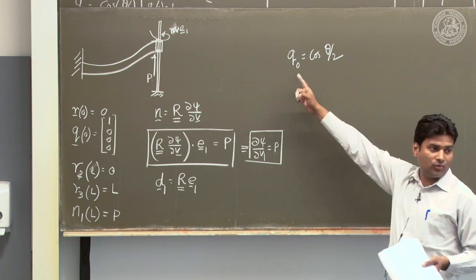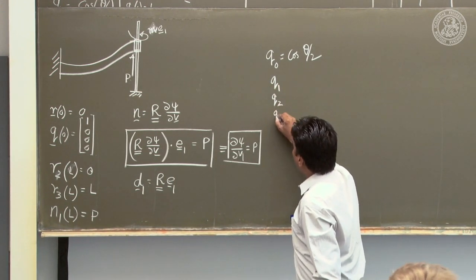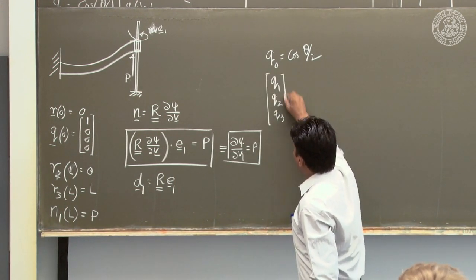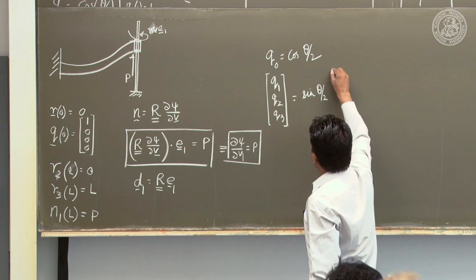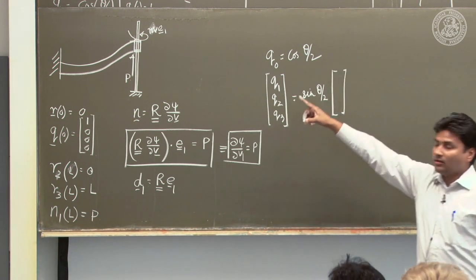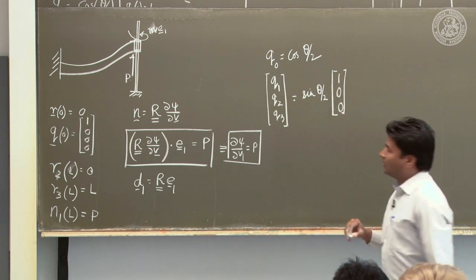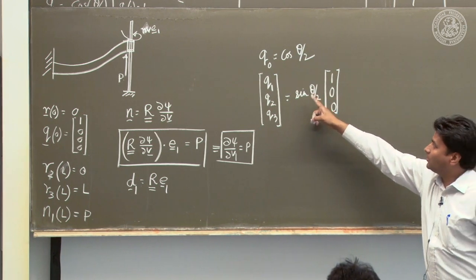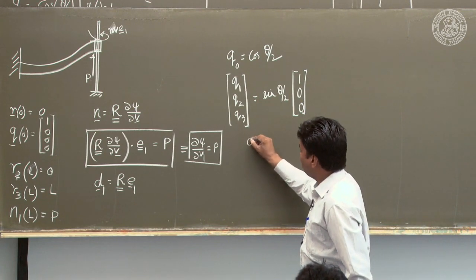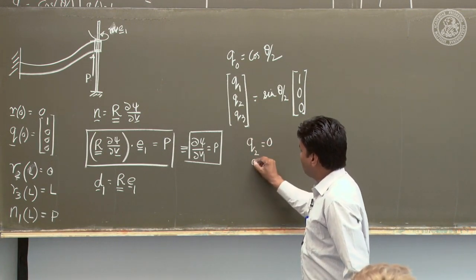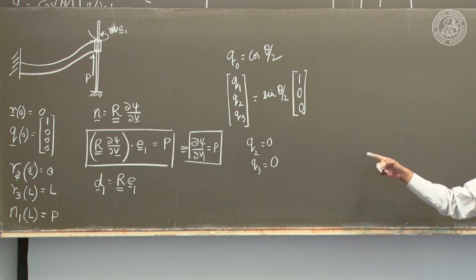So, we can't say anything about Q naught, but Q1, Q2, Q3 is equal to sine of theta by 2 into the axis of rotation, and the axis of rotation is 1 0 0. So, although theta is not known, this times 0 is always 0. So, what you can prescribe here is Q2 equal to 0 and Q3 equal to 0. So, you already got those two boundary conditions.